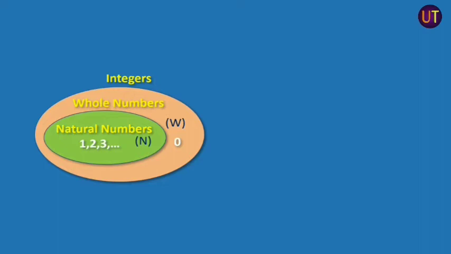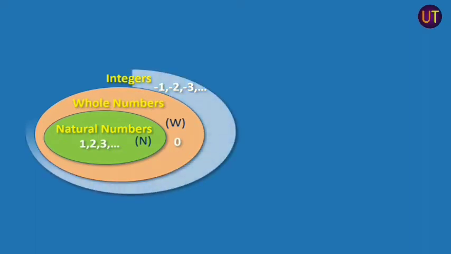What are negative integers? -1, -2, -3 and so on. These are all negative integers. So draw a circle around the whole numbers. This circle represents the integers. Integers are denoted by capital Z or capital I.